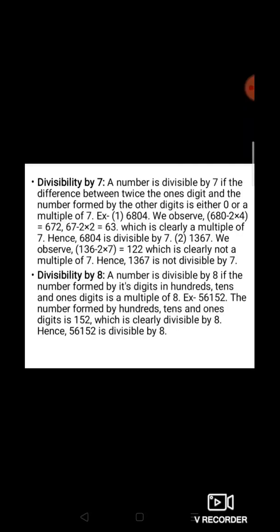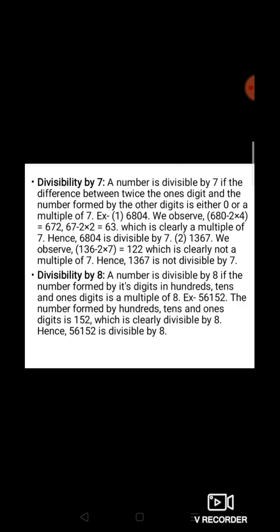In case of divisibility by 8, we will look into the hundreds, tens and ones place digit of the number. Suppose the example here given is 56152. It is a very large number, but we will take the hundreds, tens and ones place digits, that is 152.